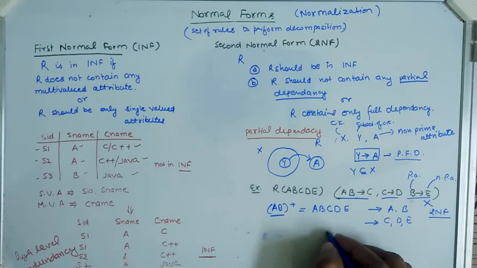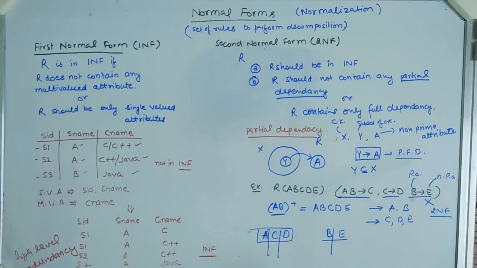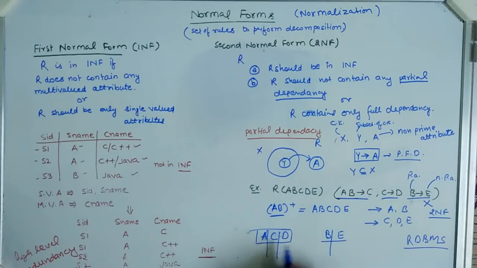So the division contains B, E in a separate relation and A, C, D in a separate relation. Now, because we are talking about the RDBMS, that is Relational Database Management System, we need one or more attributes to be in common between these two relations R1 and R2, which are decomposed after the 2NF normalization.